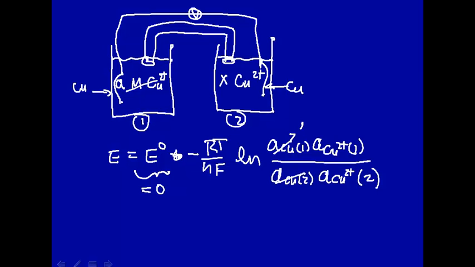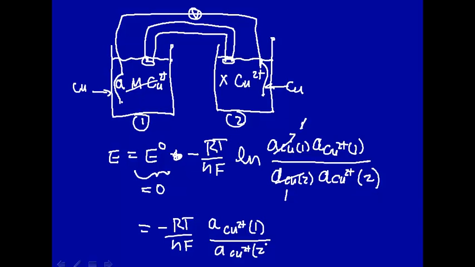Let's look at the activity of solid copper. That goes to 1. That's a pure condensed phase. Activity is 1. We define that. So the cell voltage is minus RT over NF times the activity of copper 2+ in side 1 divided by the activity of copper 2+ in side 2. If you know the activity of copper on one side, by measuring the cell voltage you can figure out what the activity is on the other side.